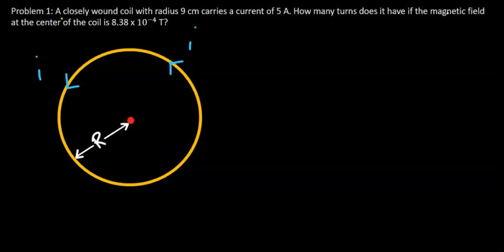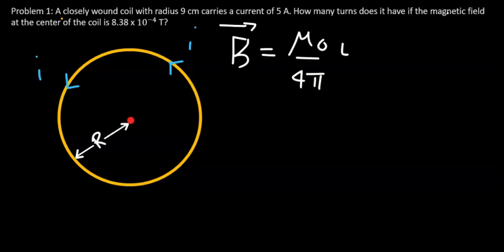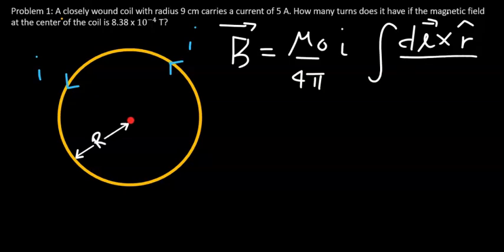So we start with the expression for Biot-Savart, that is the following formula. The current is I, integral of the length vector times r hat, which is the unit vector that goes from the current element to the point of observation, over the distance squared.